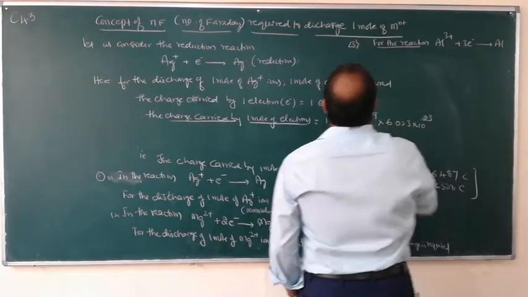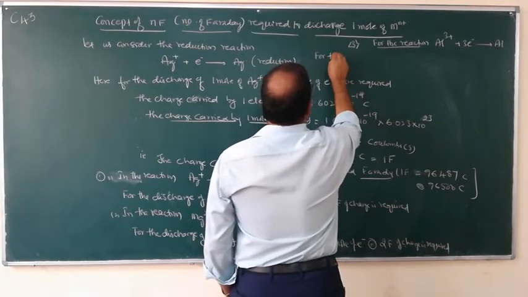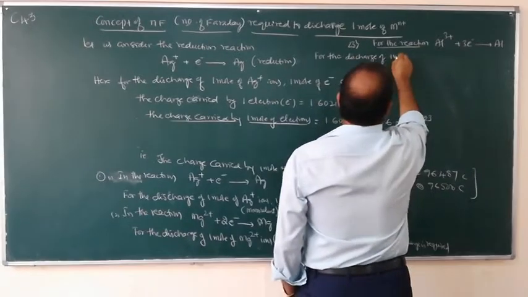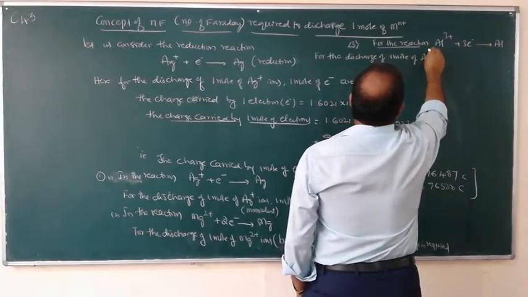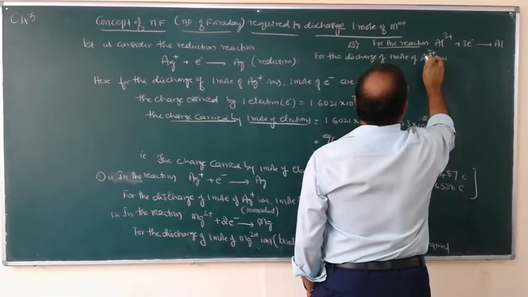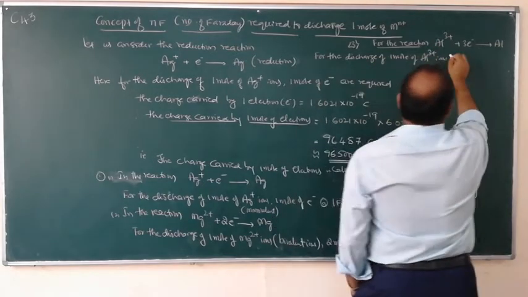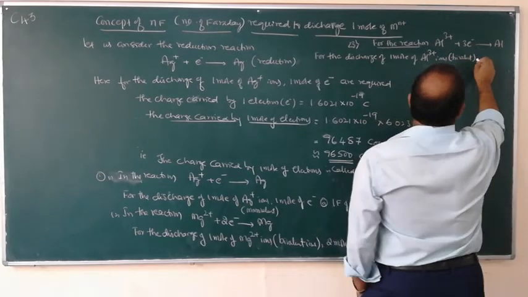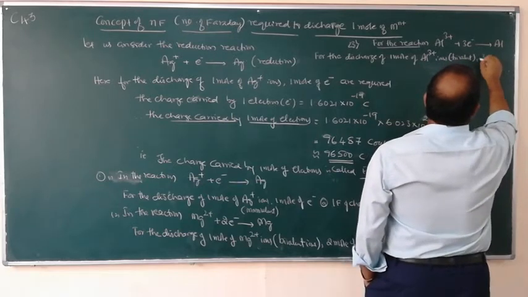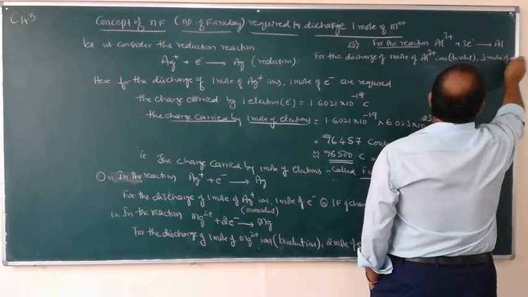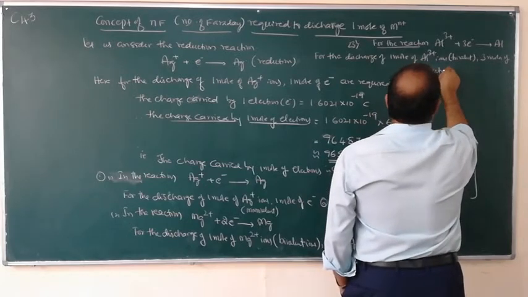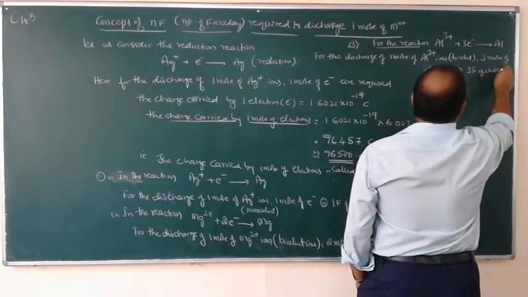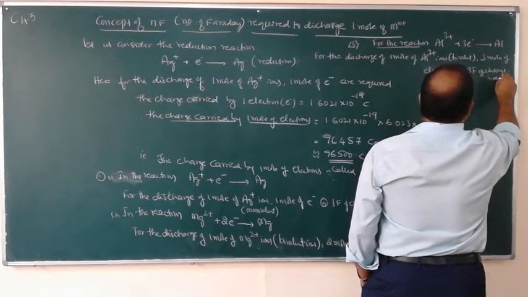For the discharge of 1 mole of Al3 plus ions, which are trivalent ions, how many moles of electrons are required? 3 moles of electrons or 3 Faraday of charge is required.